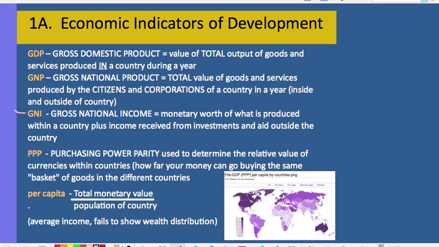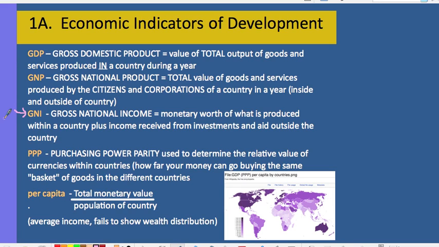And that money that I earn as an investment gets counted as a part of this gross national income. So all of these are values of how much money a country earns. The gross national income by far is going to include everything, so it will be the largest amount.